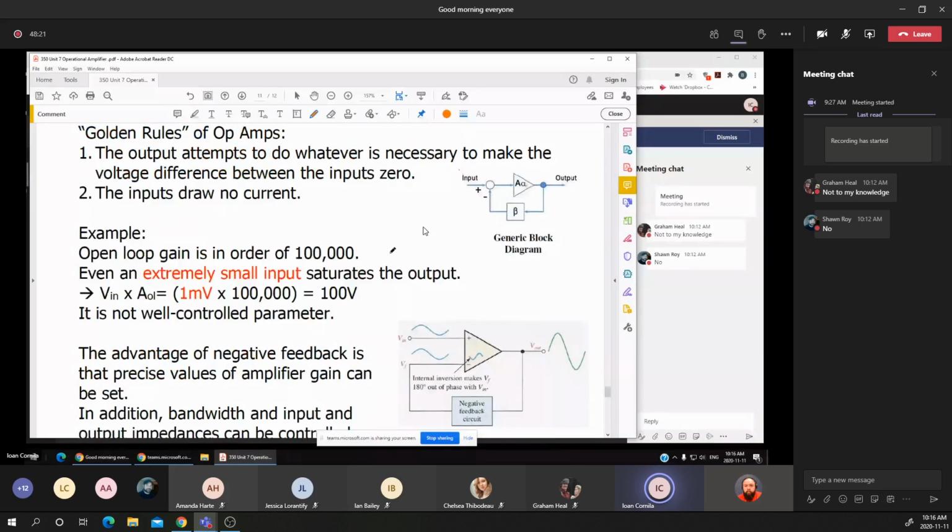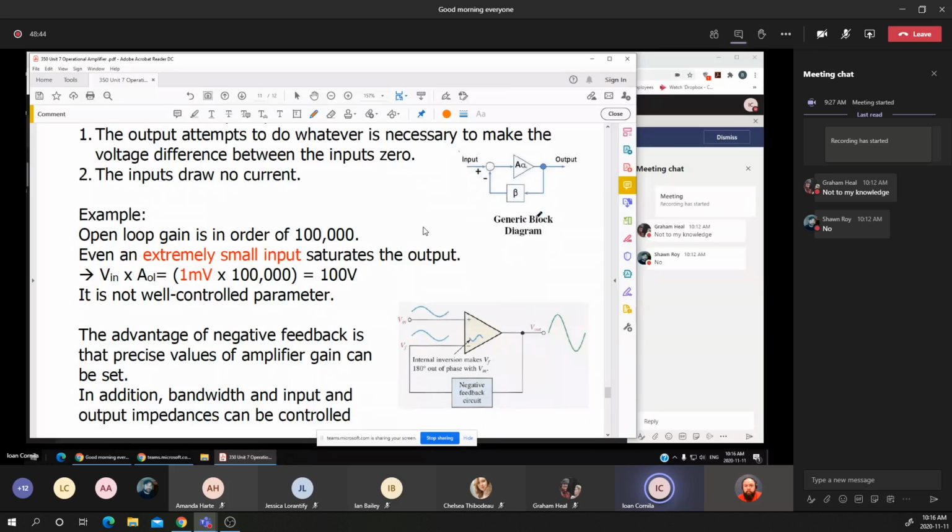Now, what is the purpose of a negative feedback? Again, we can control, we can manage, we can actually define or preset the output voltage, or the gain for the circuit, to a preset value.